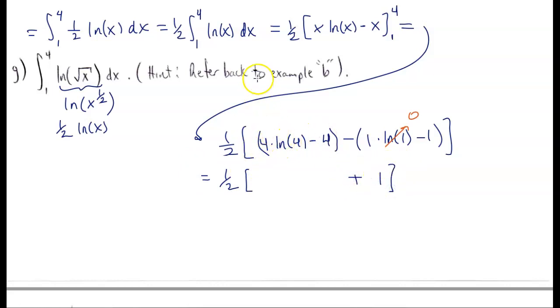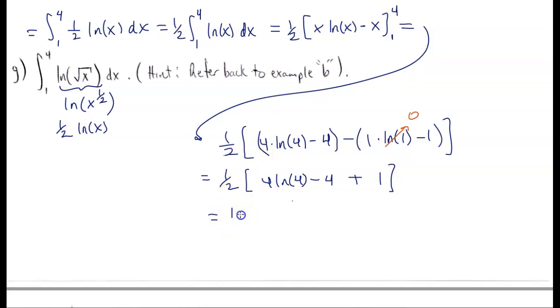Now over here, we could choose to leave this as natural log of 4 times 4 minus 4, or we can go ahead and multiply that 1/2 through. What I'm going to do here is just write this down as is for this step, and then from here, multiply the 1/2 through to all those terms.